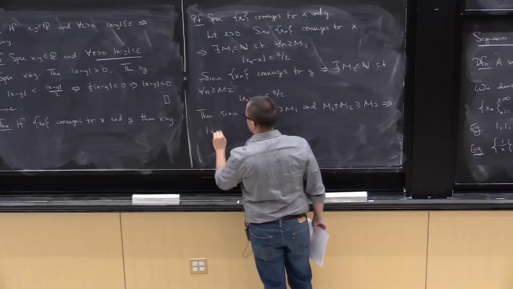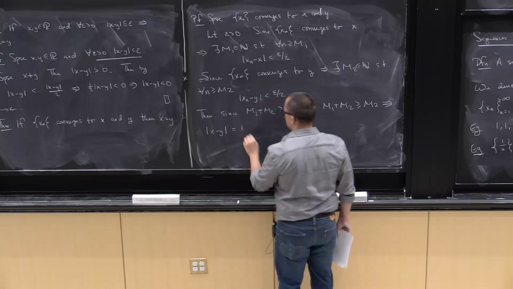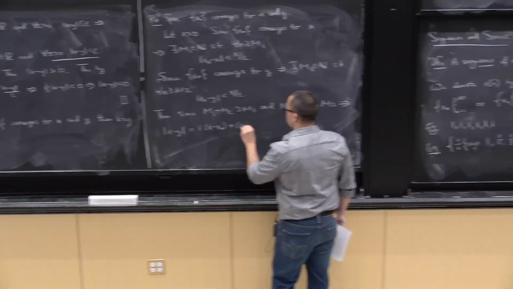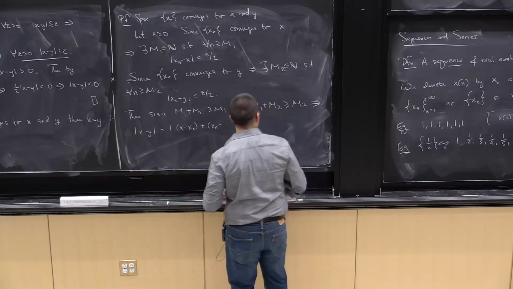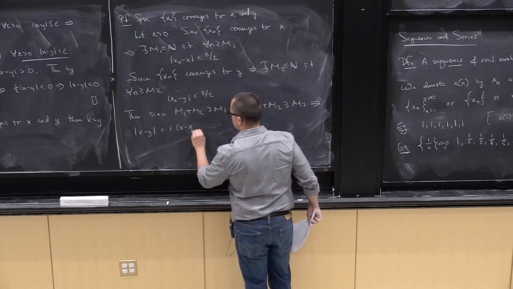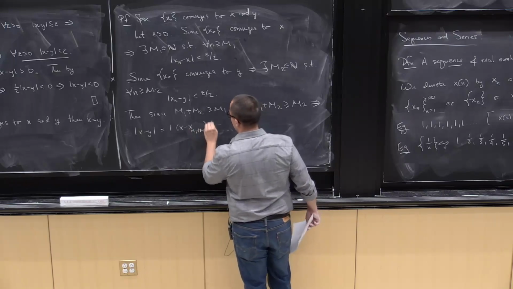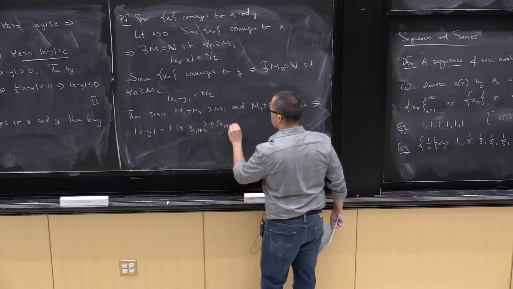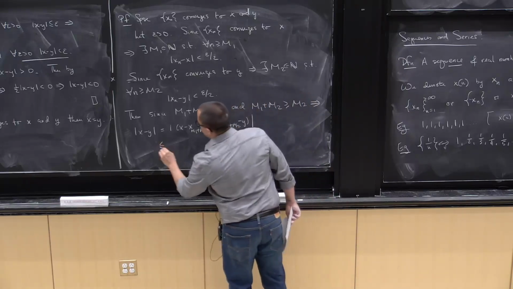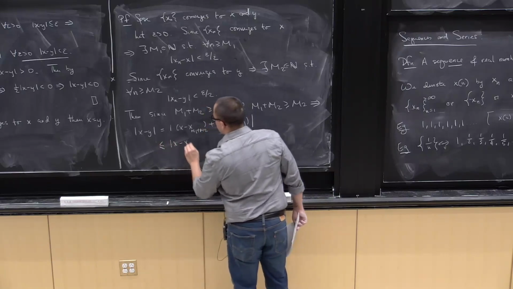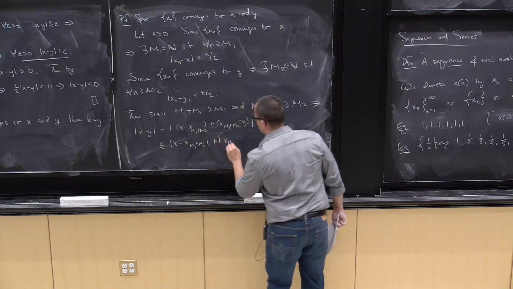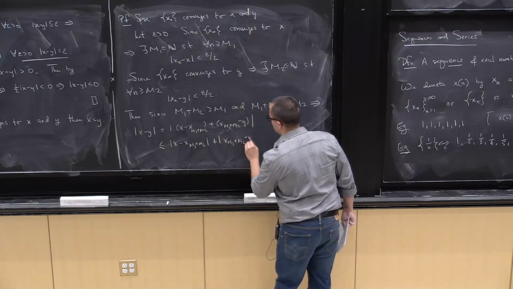If I look at the absolute value of x minus y, this is equal to the absolute value of x minus x sub m1 plus m2, plus x sub m1 plus m2 minus y. Now, by the triangle inequality, this is less than or equal to |x minus x sub m1 plus m2| plus |x sub m1 plus m2 minus y|.